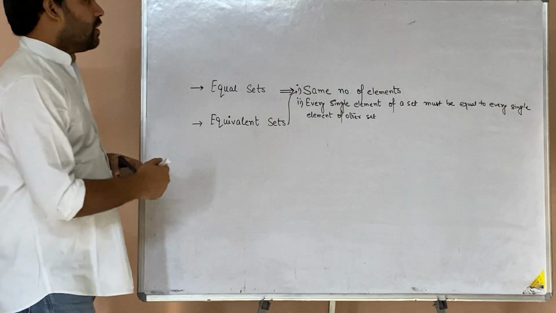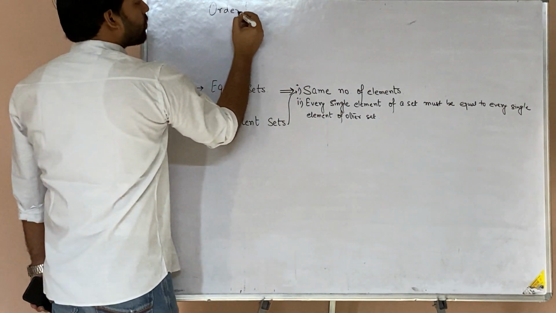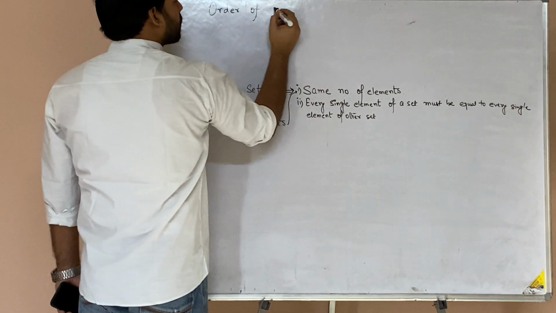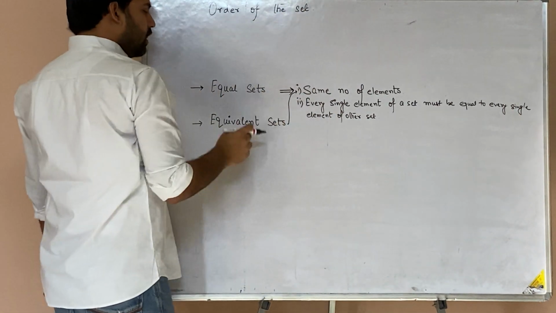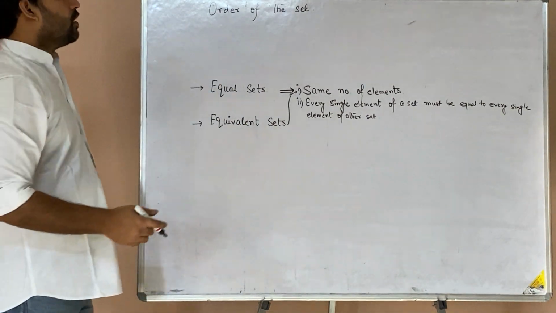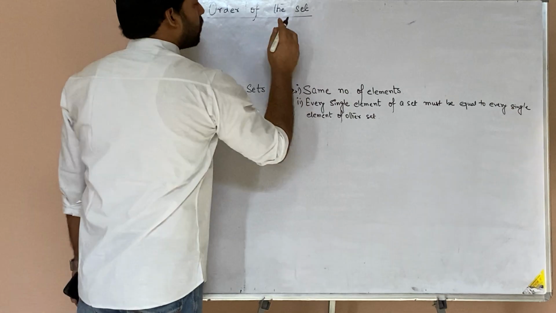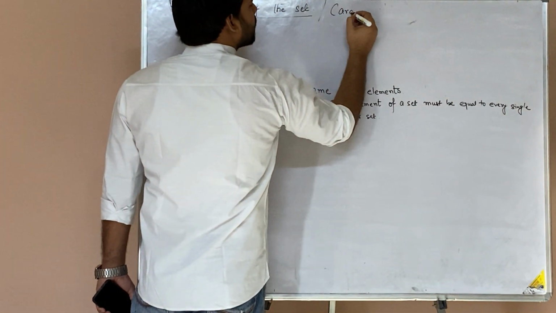Now we'll look at one more thing, that is the order of the set. This I must have told you earlier, before explaining equal sets and equivalent sets, but okay, that is fine. Order of the set means what? Order of the set is also known as cardinality.